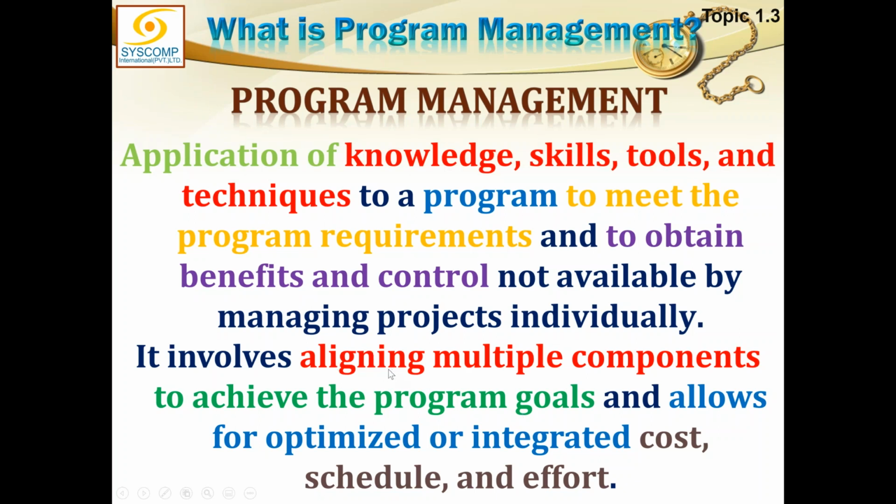So it involves aligning multiple components, as we already know. All those components, subprograms, projects, other work, are aligned towards achieving the program goal and allow for optimized or integrated cost, schedule, and effort.